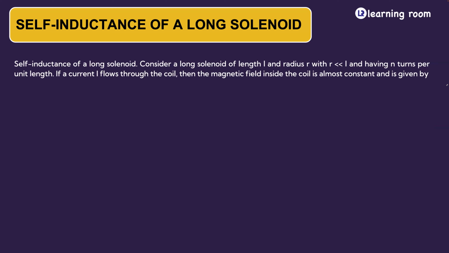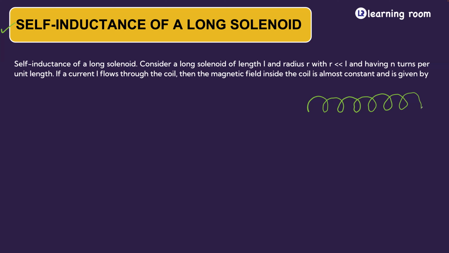Using the concept that we discussed now, what we should derive is the self-inductance of a long solenoid. If you have a long solenoid, the radius of the solenoid is going to be very small compared to its length.